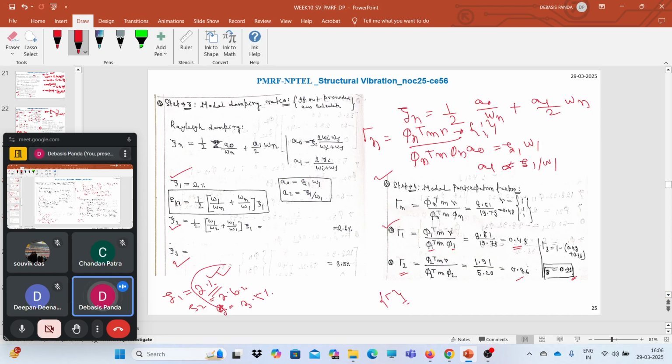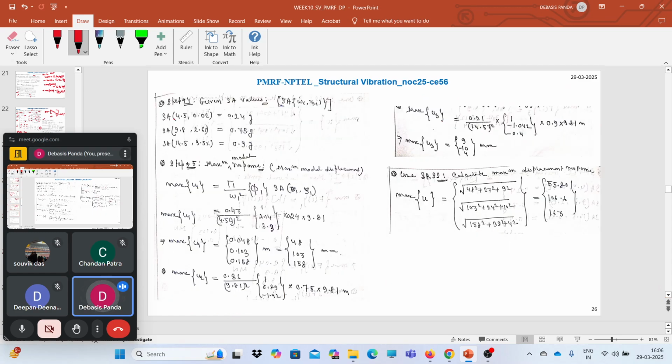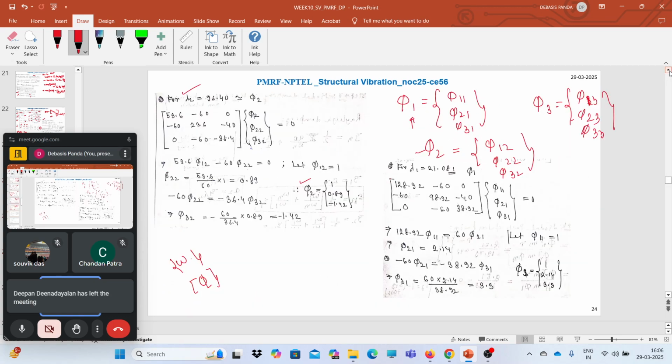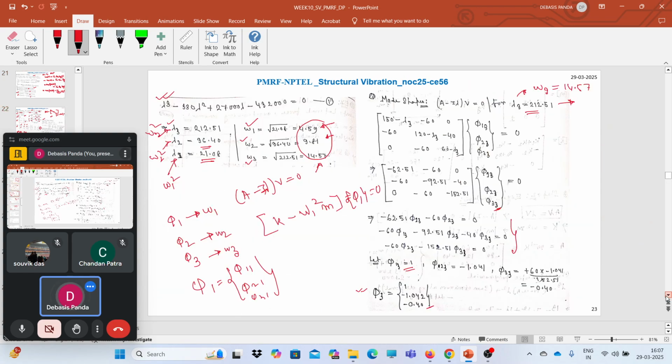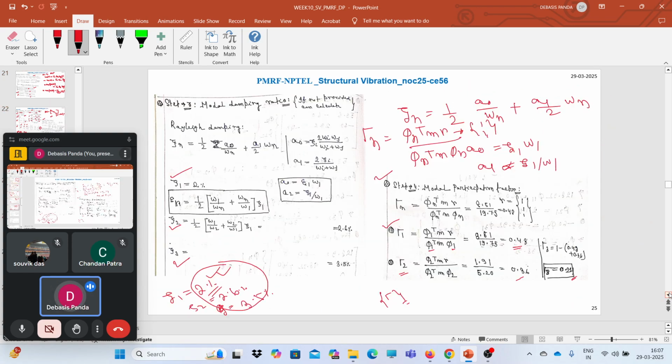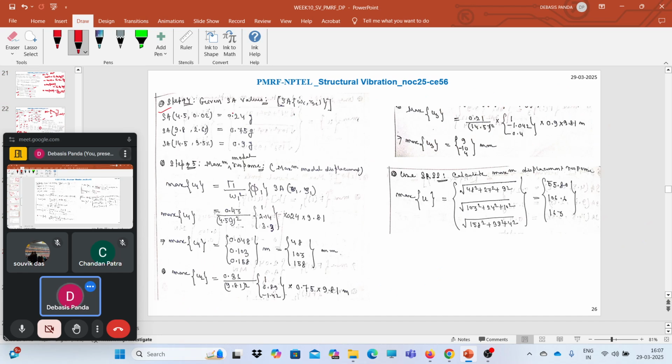Corresponding to the three natural frequencies and three damping values, we need to find the spectral acceleration or displacement to calculate the displacement response. We have seen that we can calculate it using either SD or SA. Generally the spectral acceleration values are given, so we will stick to spectral acceleration.